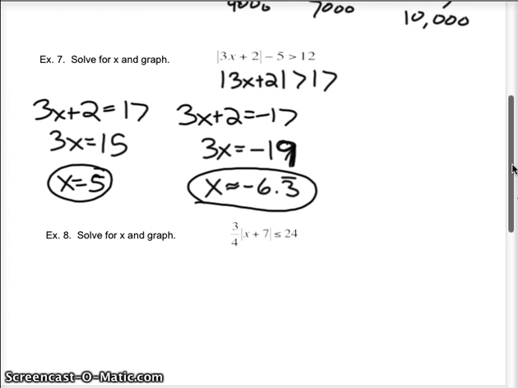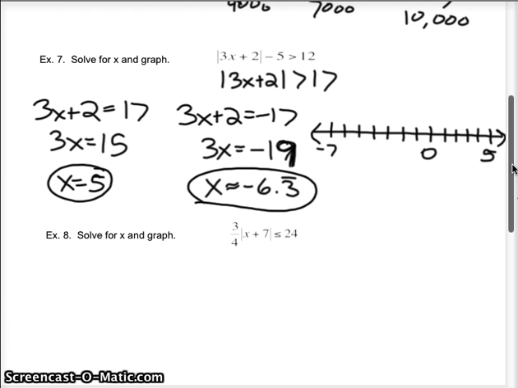All right? So when I go to plot these, I'm going to be counting from negative 7 all the way up to 5. 0 and 5.